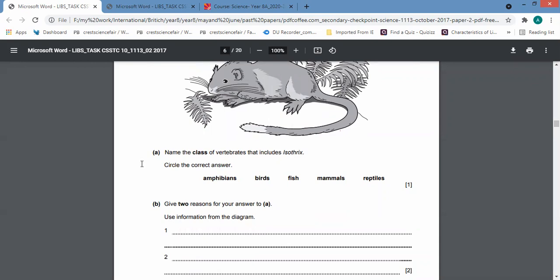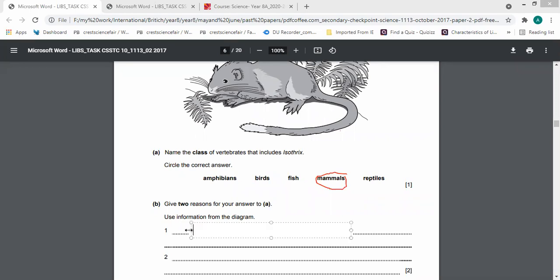Mammals. Yes, mammals. Why? Its body is covered with fur. Yes, fur. Excellent. It has whiskers. Mammals, yes. Give two reasons for your answer. Use information from the diagram. Okay, Orjuan.